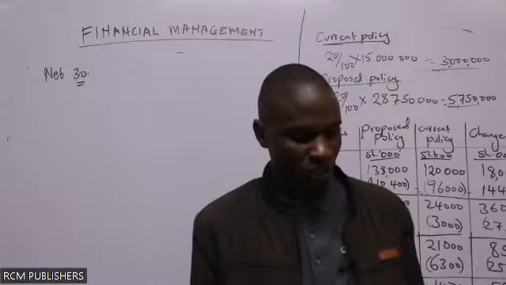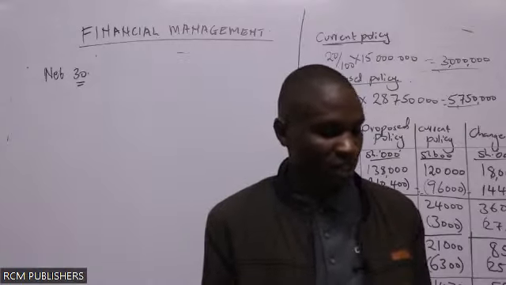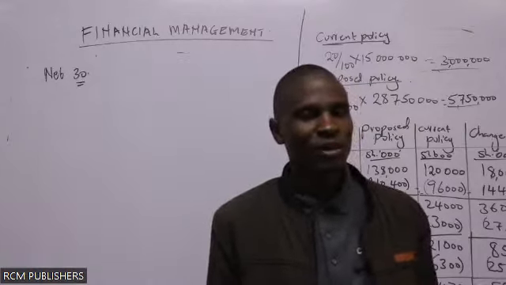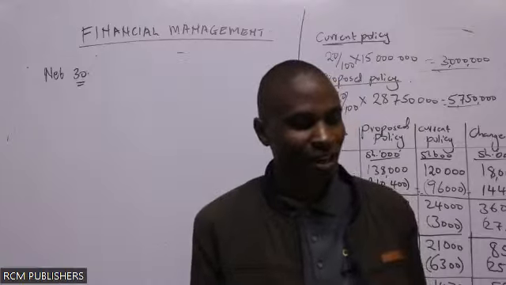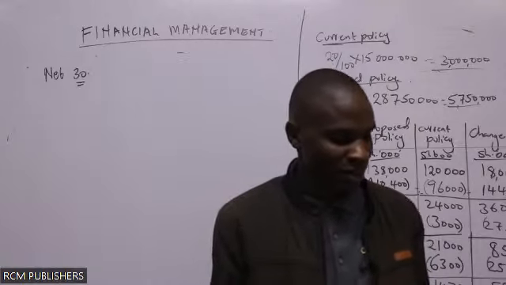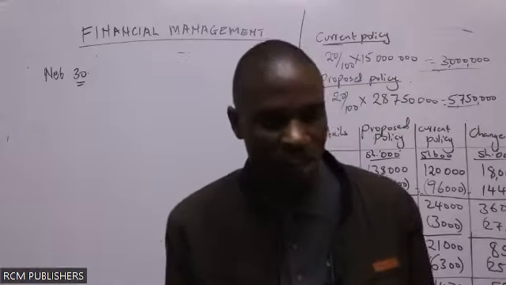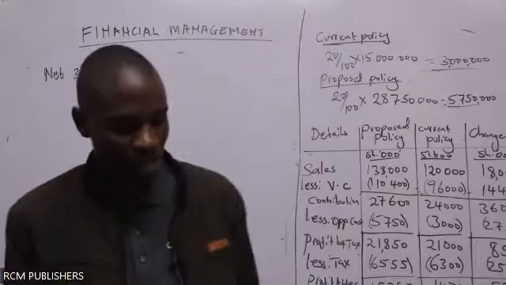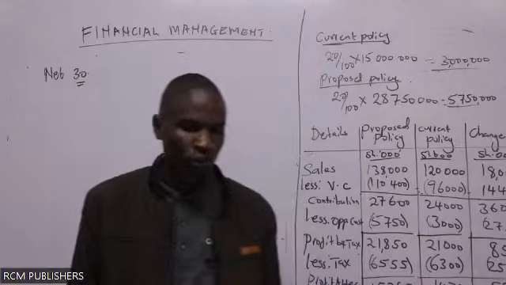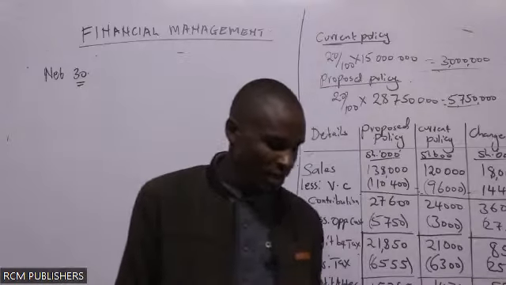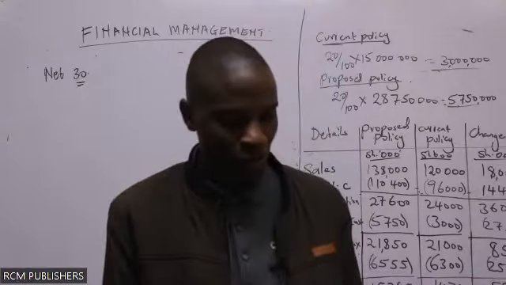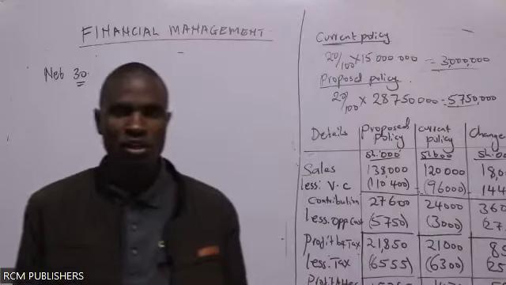The firm's rate of return on investment, remember this is the one that helps us to compute the opportunity cost. Never ever forget that. The corporation tax is 30%, all sales are on credit, and you are told to assume that it's 360 days in that financial year. You're expected to advise the management of Google Limited on whether to adopt the new credit policy.